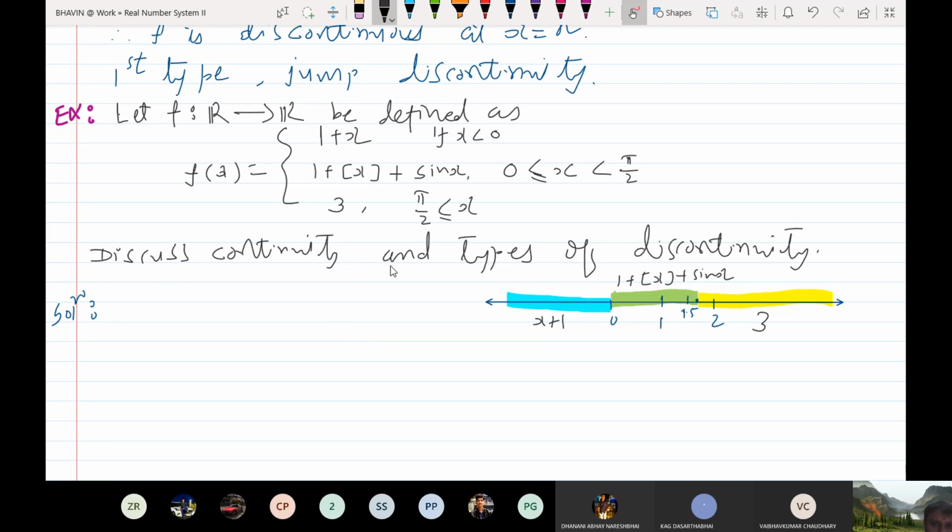Clear? So now tell me, if your x is between 0 and pi by 2, that is between 0 and 1.5, you have to split this interval from 0 to 1 and 1 to pi by 2. Clear?